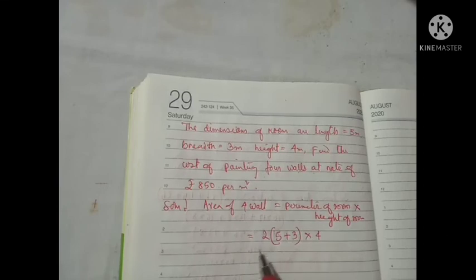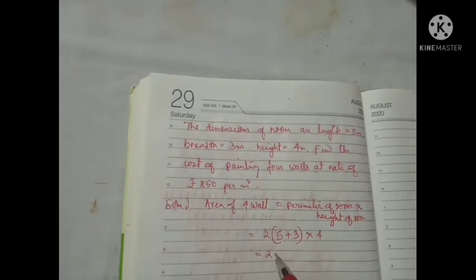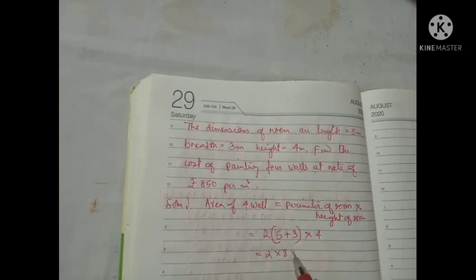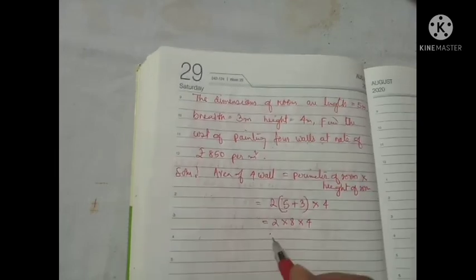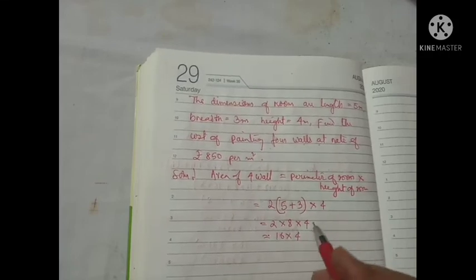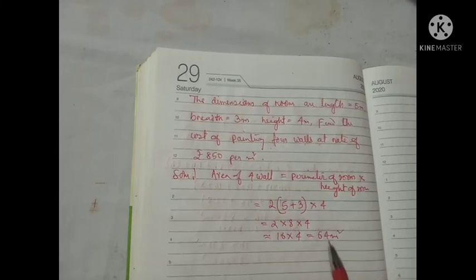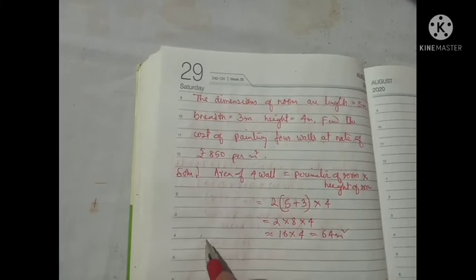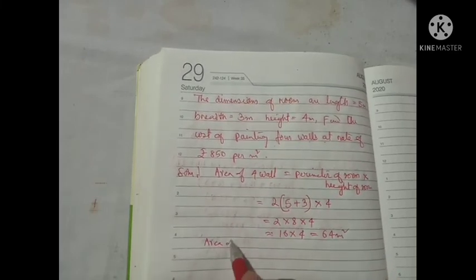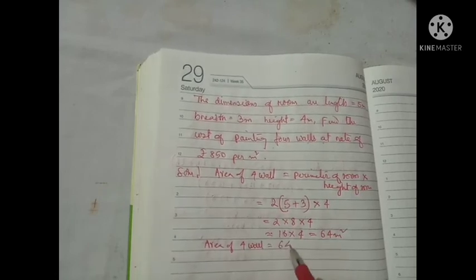So here comes 2 into 8 into 4. The answer we get is 16 into 4. We will have 64 meter square will be the area of 4 walls.